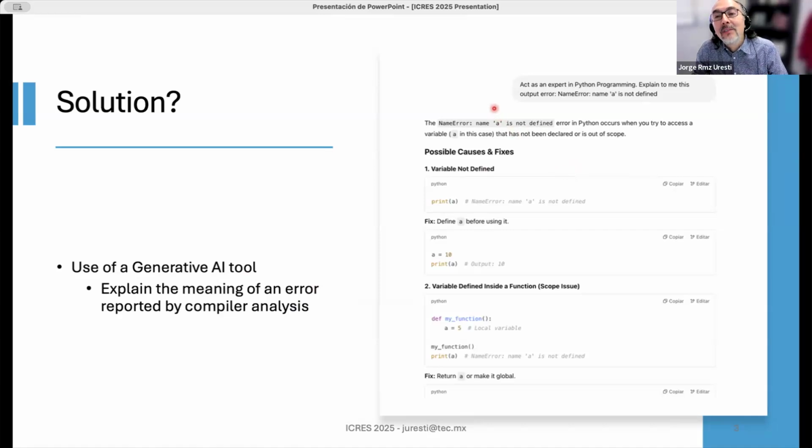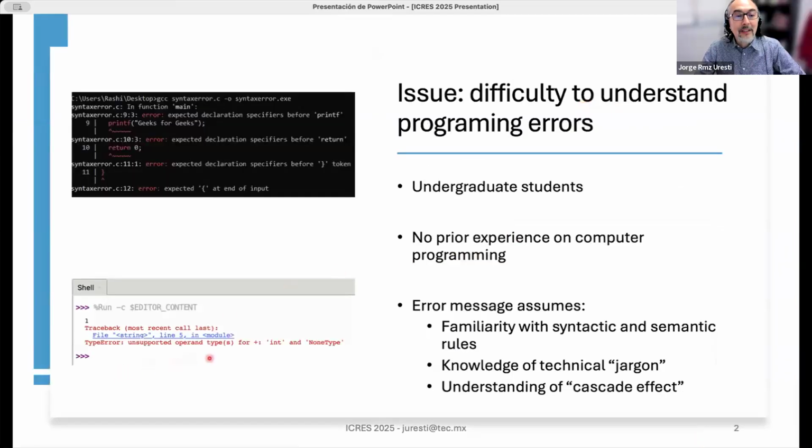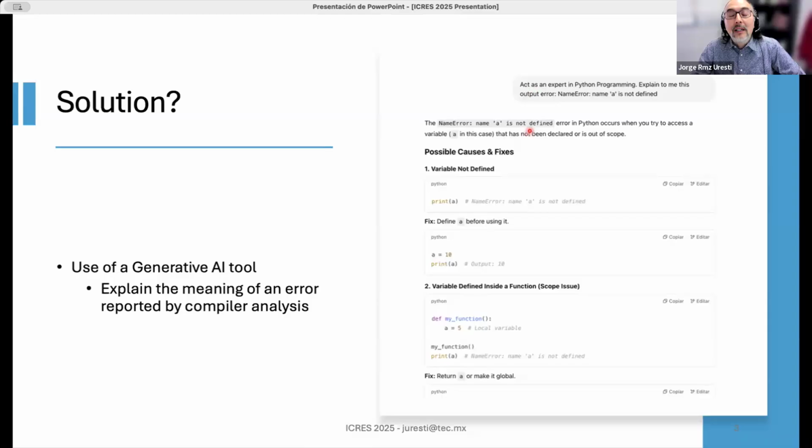In this case, it is ChatGPT 4, and I was asking this tool to act as an expert in Python programming, and also to explain this error, because this is the error that was presented in the output, like in here. So this is the error, and this was the explanation given by this tool. In this case, it tells you the problem, it tells you how to solve it, and it tries to explain a little bit.